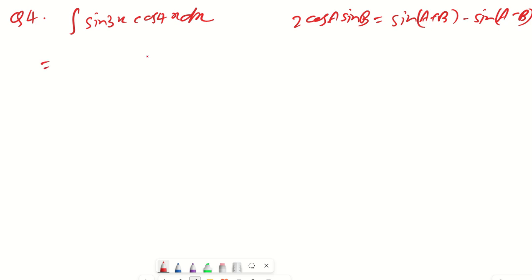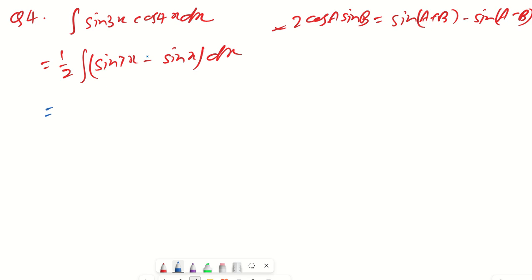So what will happen, just now I had solved the same questions in the first one, so it will become 1 by 2 times, because 2 is not there, so 2 will go down, right? So 1 by 2 times I will take it as sin 3x cos 4x, so that is cos 4x into sin 3x, so 4 plus 3, that is 7, so it will become sin 7x minus sin x dx.